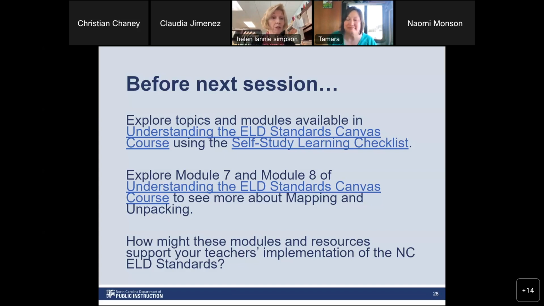We also want to specifically point out Module 7 and Module 8 of that Canvas course, to see more about mapping and unpacking. And you all have segued us beautifully into the importance of the mapping document as far as collaboration with content area folks. So if you get a chance to explore those before our next meeting, that would be terrific.